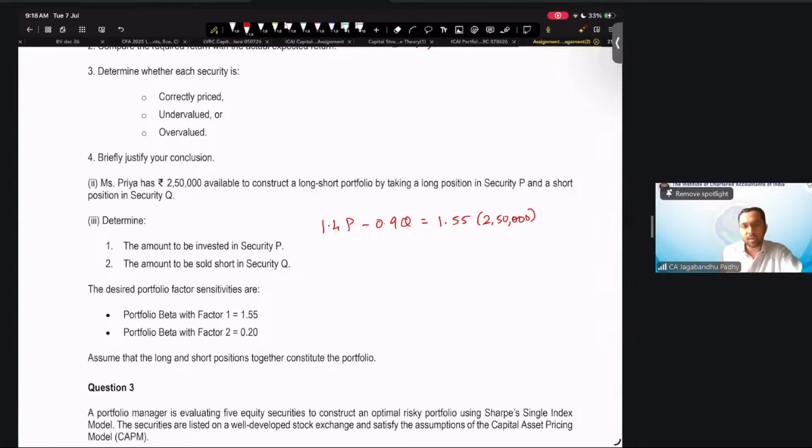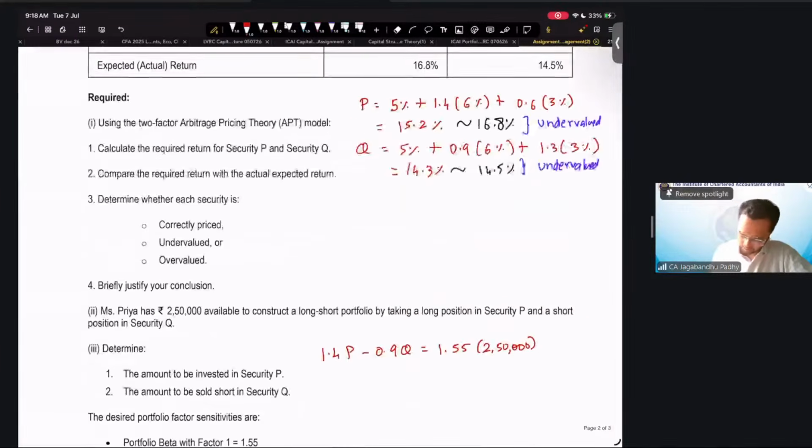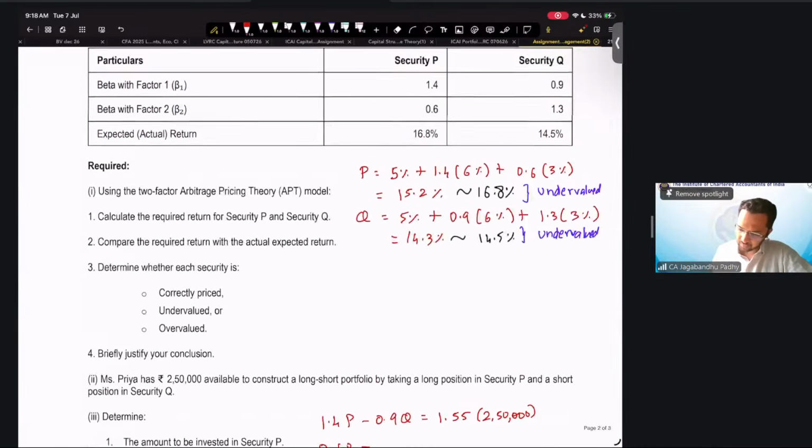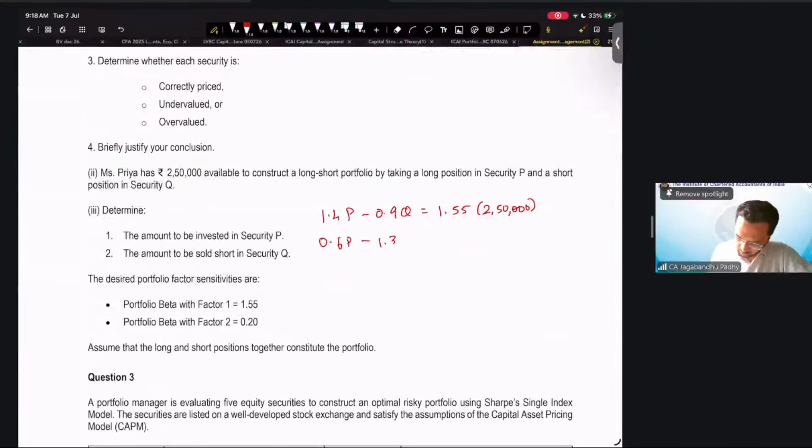This P and Q are the amount of investment that are being made in both the things. Then you have the second: 0.6 P minus 1.3 Q is equal to 0.2 into 2,50,000.